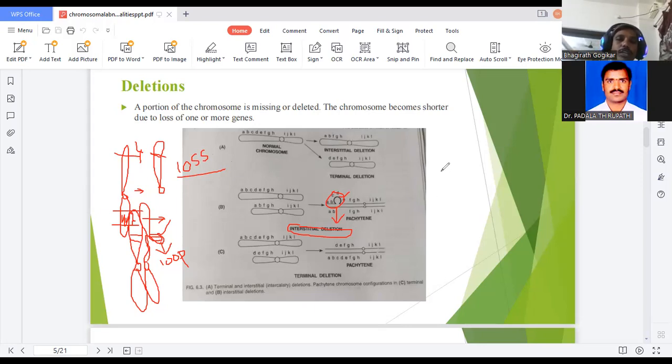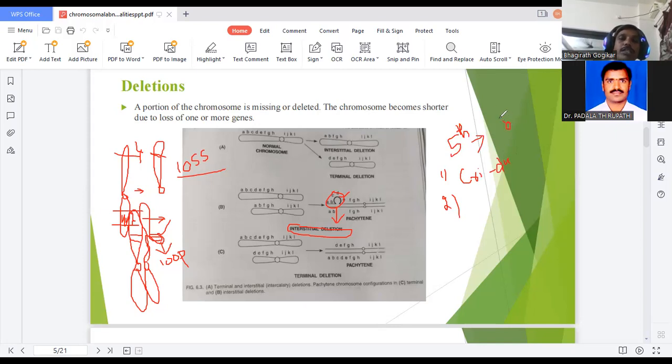Just observe, there are two examples. One is Cri-du-chat syndrome. What is that? Cri-du-chat syndrome is a good example. It is nothing but a small short arm missing in the 5th chromosome of human beings. Which chromosome? The 5th chromosome of human beings.